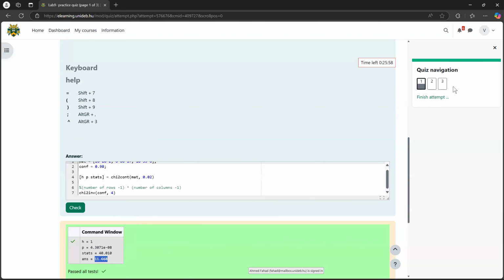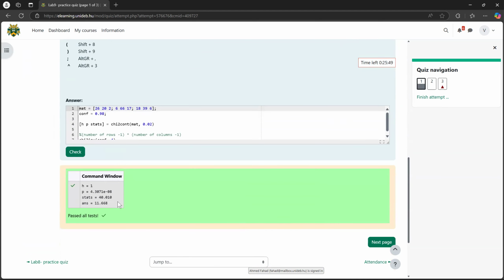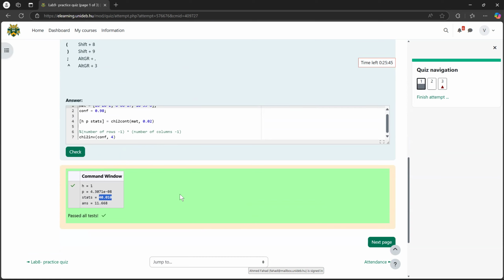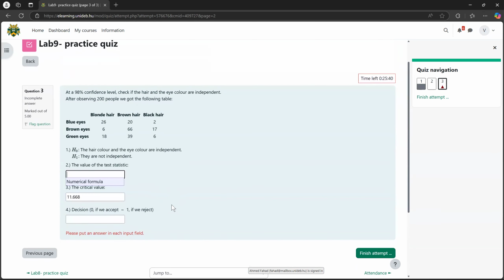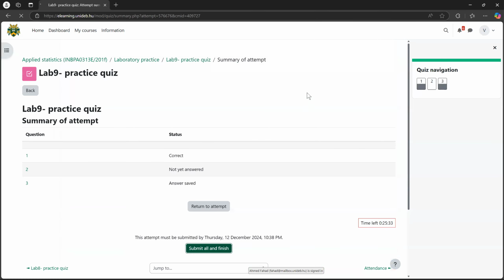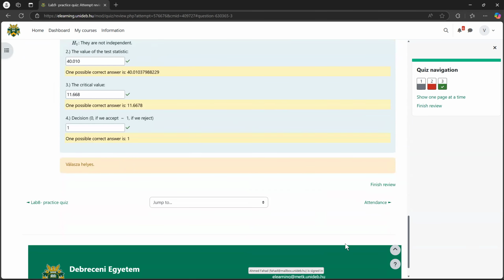And yeah, that's it for the contingency table G2 test. This critical value is 11, right? Yeah. So the test statistic value is 40, and H is 1, so we reject the null hypothesis. And now you finish and test. And it's all correct. So that is the end of the contingency table, or the table questions.